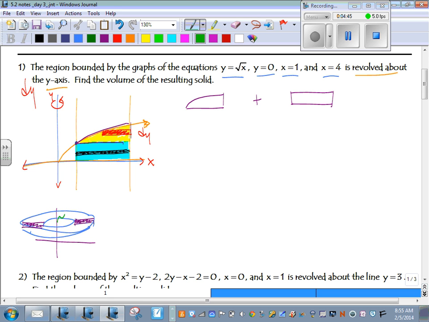And the little radius always goes from the axis of revolution to the closest function, or the inside of that rectangle, or the part that's closer to the axis of revolution. Then the big radius goes from the axis of revolution to the farthest function, or the other side of that rectangle.